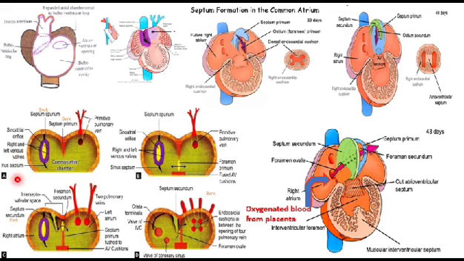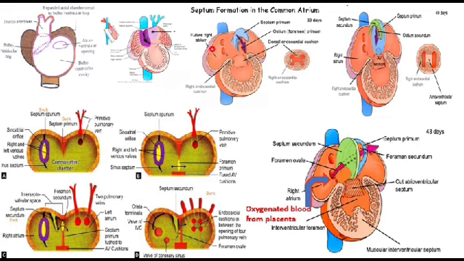So now after the formation of the septum spurium here above, then the septum primum, at around 6th week, is formed. It is a sickle shaped structure that is formed from the roof and the ventral wall of the primitive atrium.